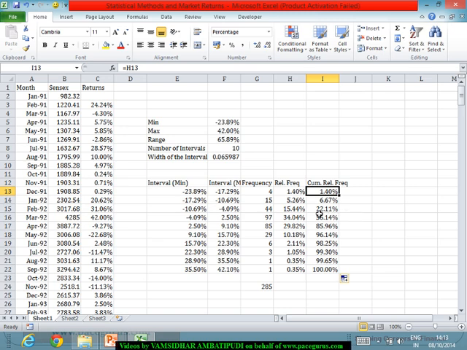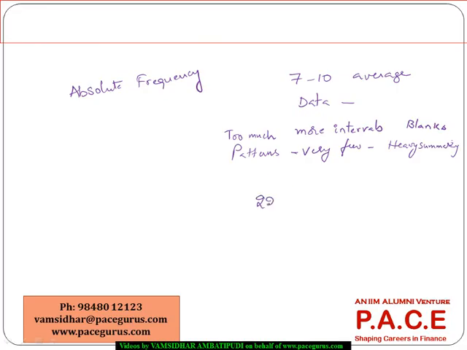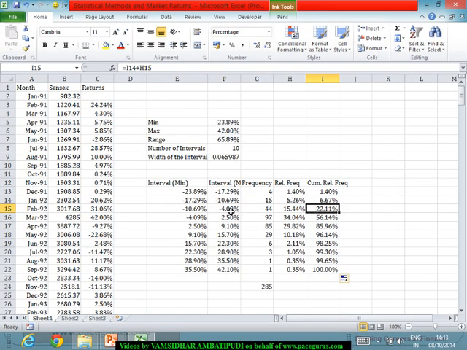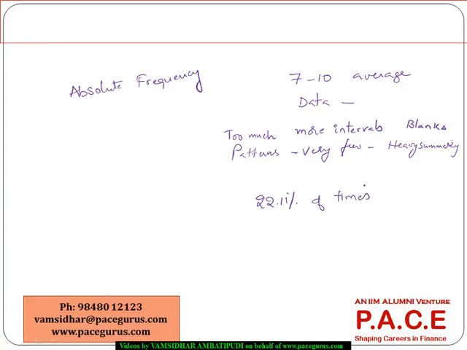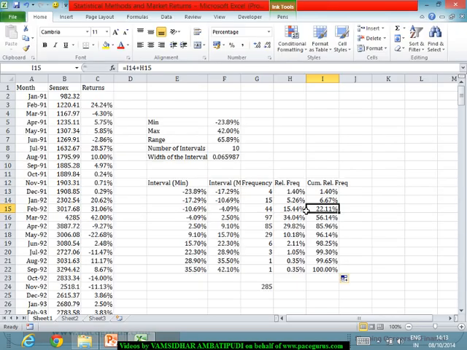So here it is giving me an indication that 22.11% of the times, the Sensex has fallen by 4.09% or more, or the return on Sensex was minus 4.09% or less in 22.1% of the cases.